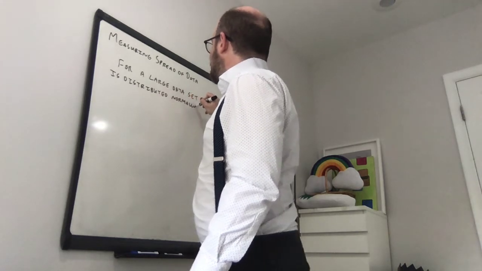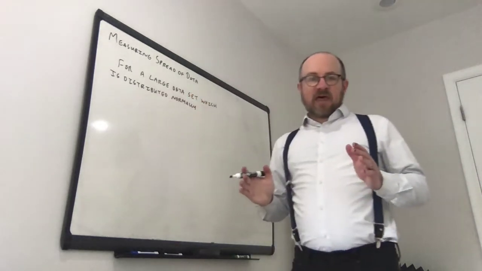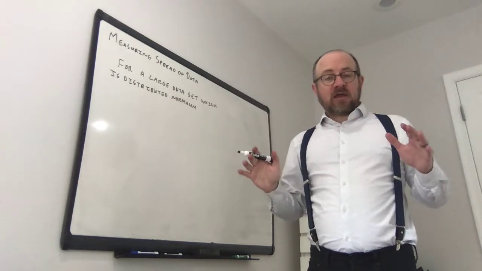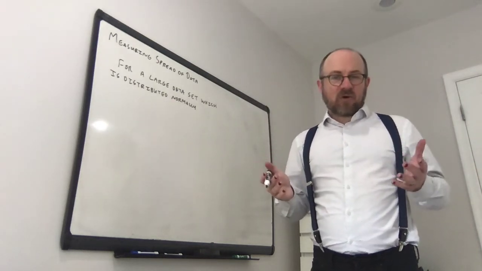So basically what this means, distributed normally, means that most of the data is clustered around the center, around the mean, which is what we expect in most cases.